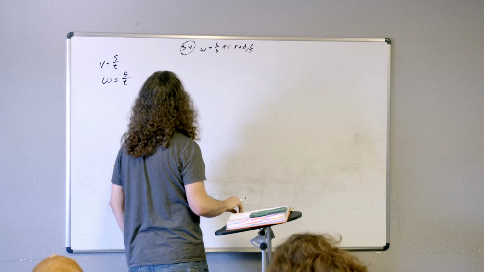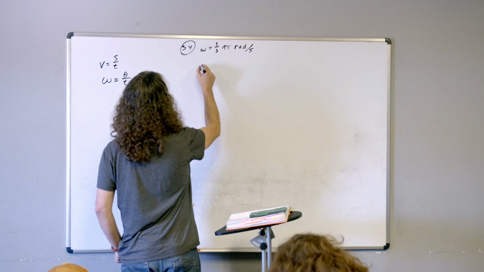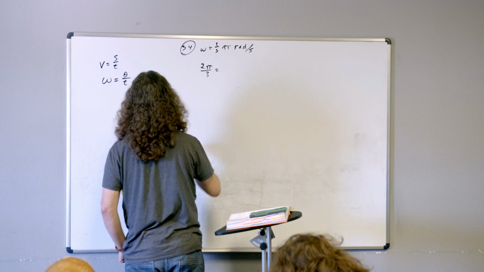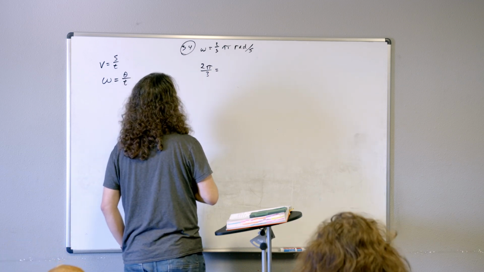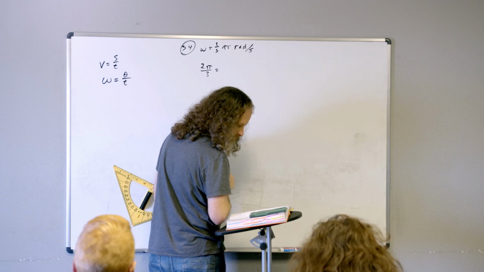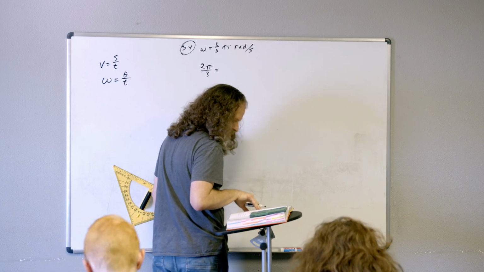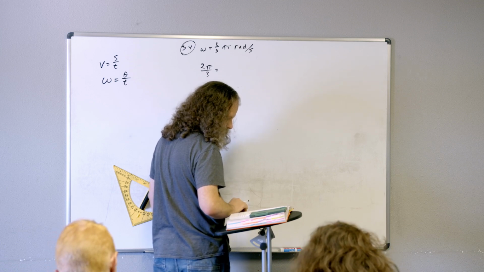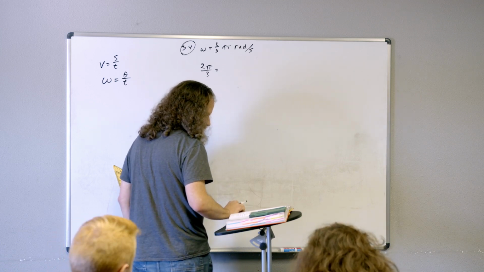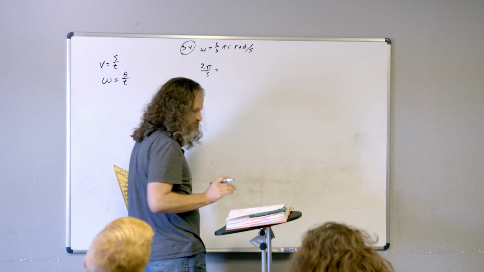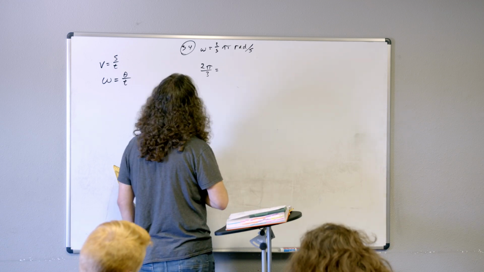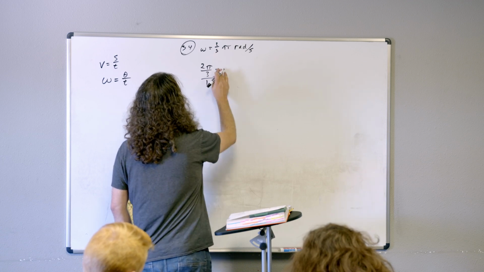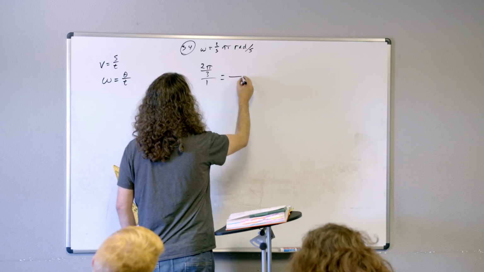So we have 2 pi over 3, angle over time, and then we need it to be 1 second over 60.